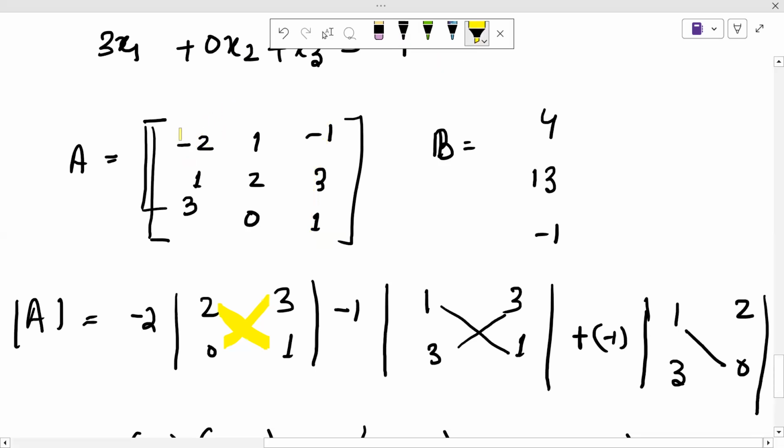In case of del 1, we omit this column, and in place of this column we substitute the constant values. Just remember, when we need to evaluate the determinant del 1, we omit the first column, the coefficients of x1, substitute the constants, and evaluate the determinant. So first of all, we'll do this one.